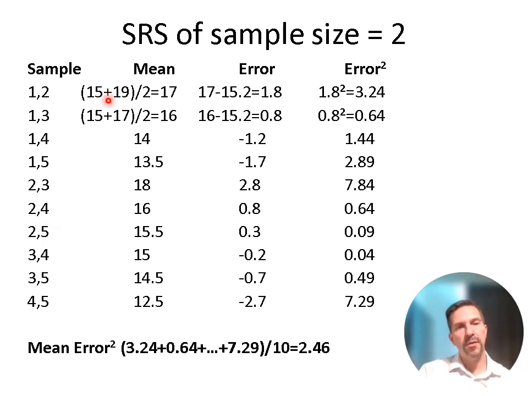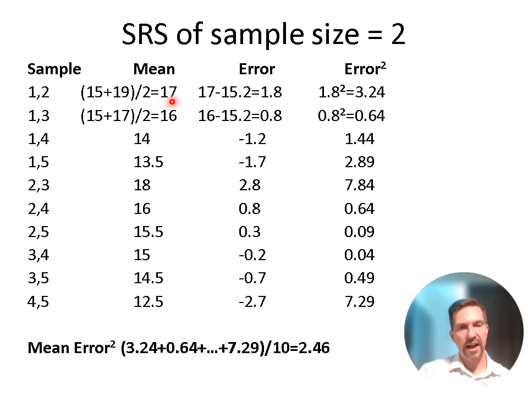Okay. So let's work through the math in the first one. It's pretty easy math. If I get this sample, store 1 and store 2, remember store 1 has revenue of $15 million. Store 2 has revenue of 19. So the average between these two is adding them up and dividing by 2, because I had 2 observations, 15 and 19.